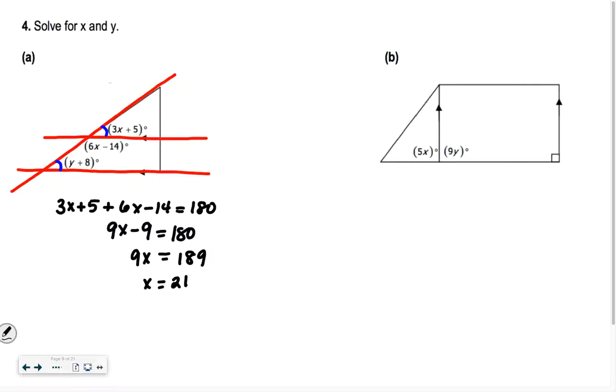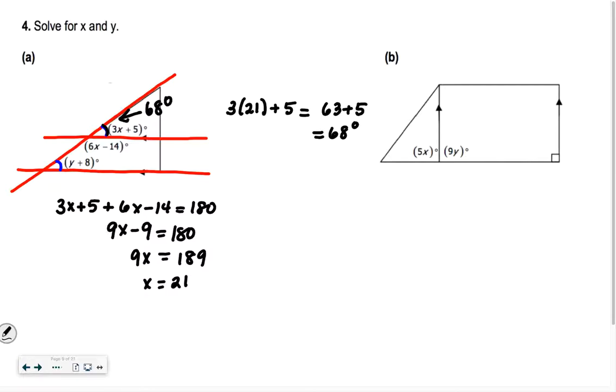Okay, so we have what x is. And sometimes it's very useful to us to go ahead and plug in. So if I plug in what x is, then this angle right here is 3 times 21 plus 5, which is 63 plus 5. So that angle is 68 degrees. Do you guys see what I'm saying? This angle right there.